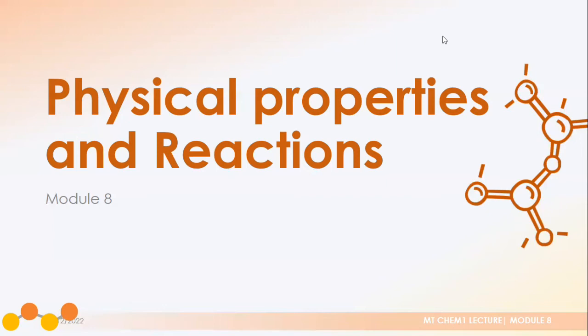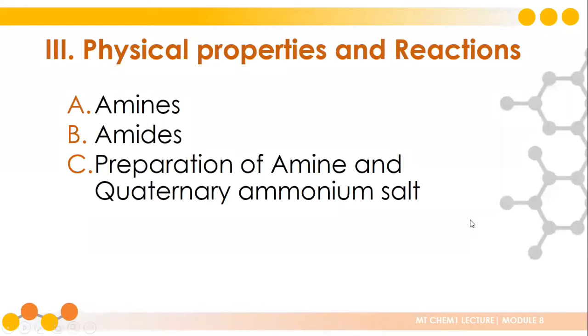Let's now proceed with the last part of our Module 8 lecture discussion, which is about physical properties and reactions of both amines and amides. For this part, we'll also be discussing the preparation of amines and the quaternary ammonium salts.